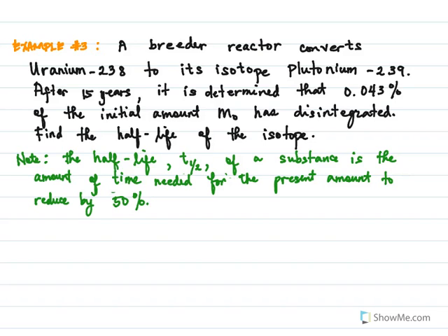So if we start with the original amount, let's say 50 milligrams, and after 10 years the 50 milligrams becomes 25 milligrams, then it means that 10 years is its half-life.